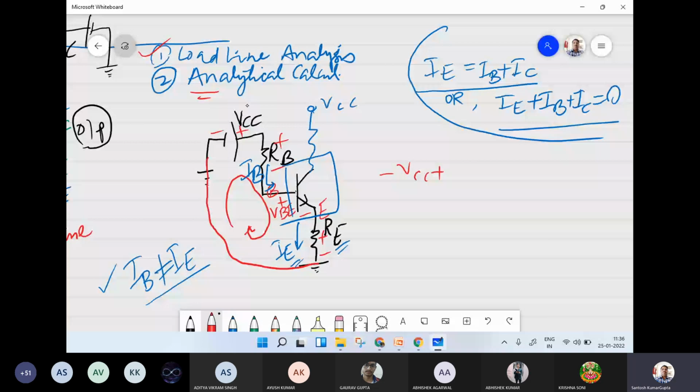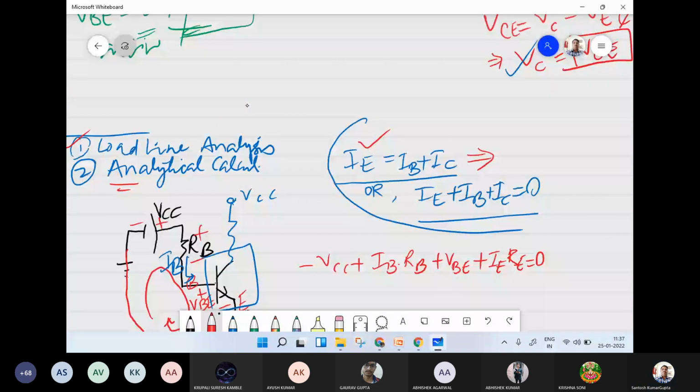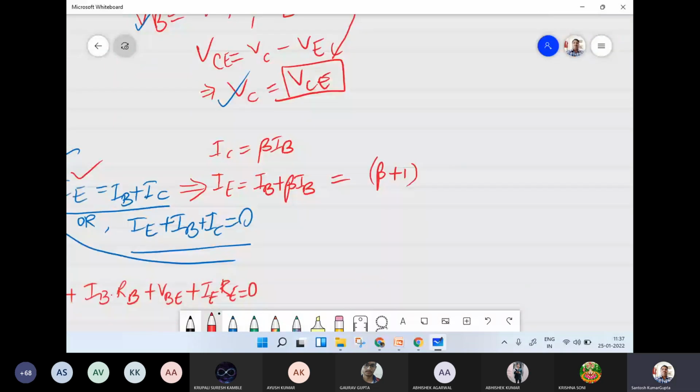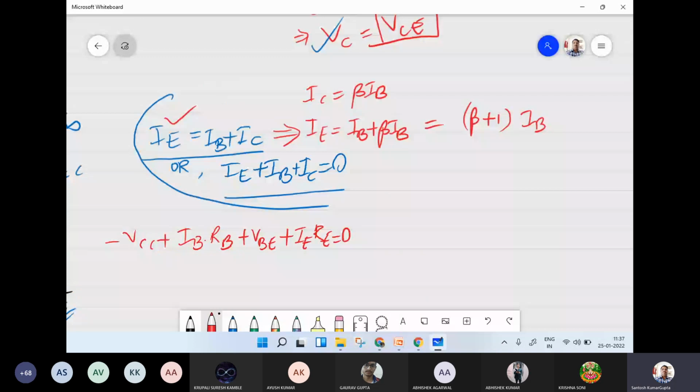Now, if we look at the transistor current equation, IE is equal to IB plus IC, and exploit that IC is equal to beta times IB, then IE can also be written as IB plus beta times IB. We can write this as beta plus 1 times IB. So IE can be written in terms of IB and the transistor parameter beta.